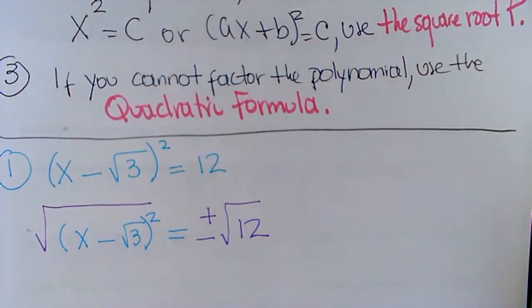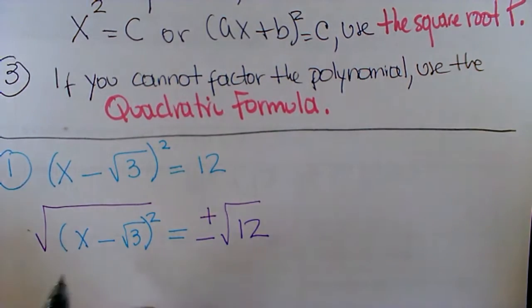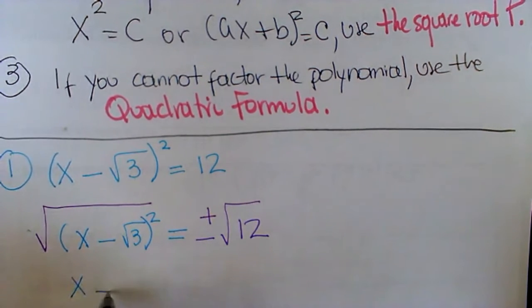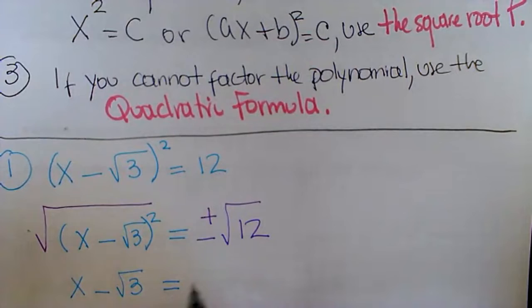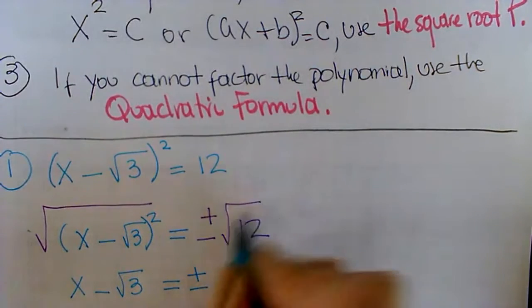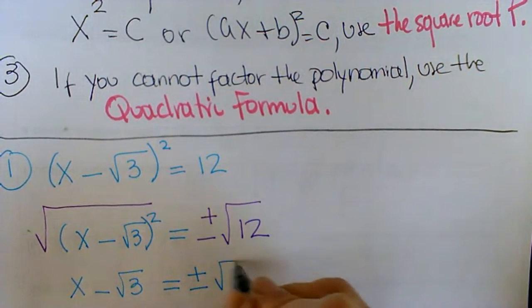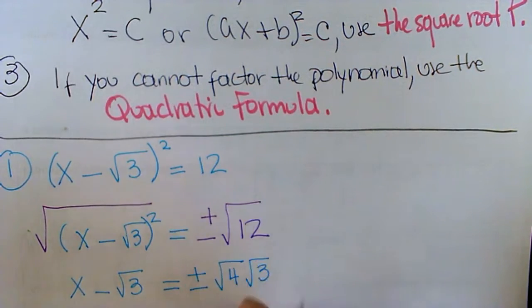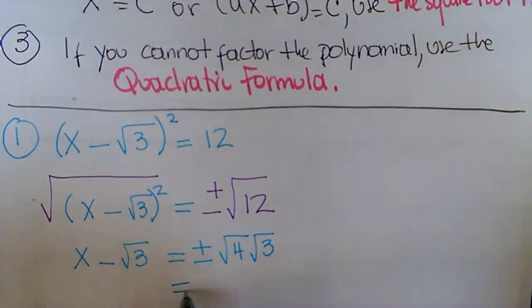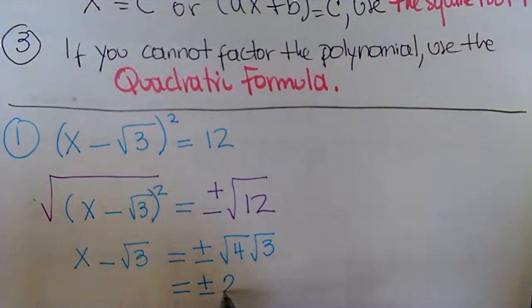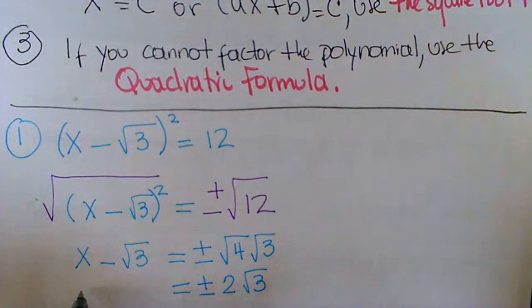Now, this is going to be x minus the square root of 3 plus and minus. How do we divide this one? We could break it down: square root of 4 times the square root of 3. So this is going to be equal to 2 times the square root of 3.